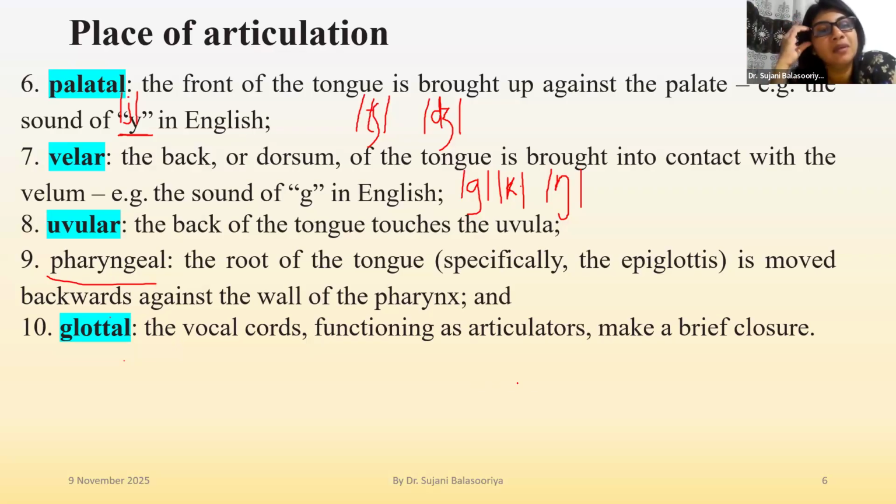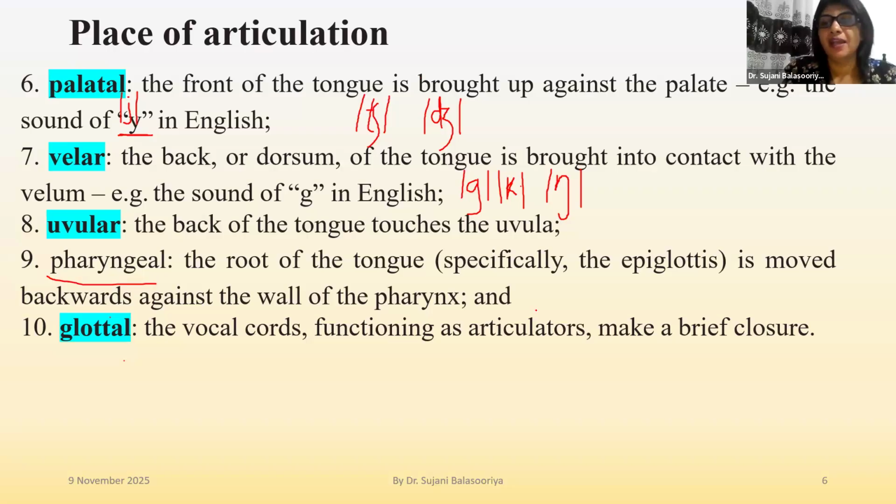Yeah. Can anybody guess? Correct. Correct, Hima.